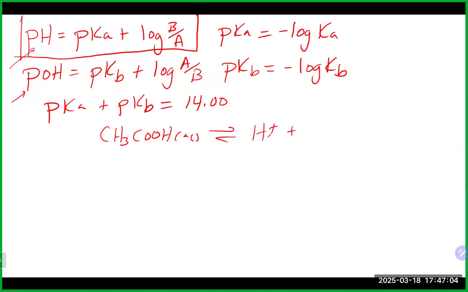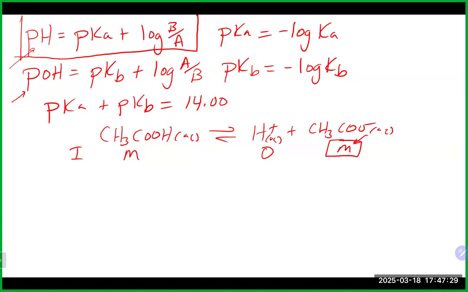The one big downfall sometimes that people have when they do the ICE table in a buffer situation is they put a number here, and they always forget to put a number here. They put 0. So remember, you should have an initial concentration of your conjugate acid or base if you're doing the ICE table and want to solve for the pH.